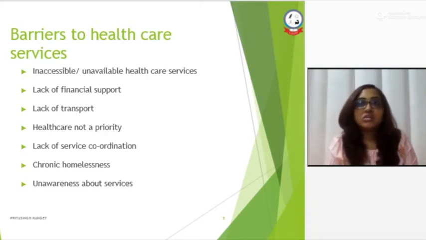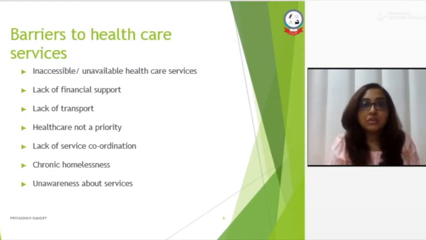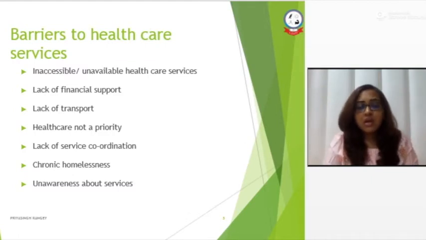And in such a scenario, it also becomes difficult for the government to establish healthcare service infrastructure, because they do not realize where the population density is more, in what areas we need to focus. So chronic homelessness is also a barrier to the healthcare service system.